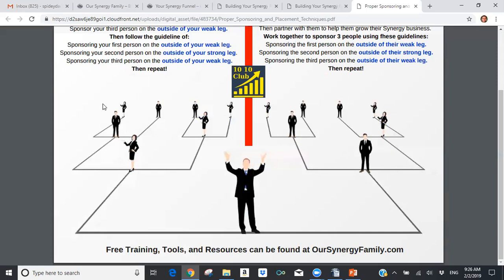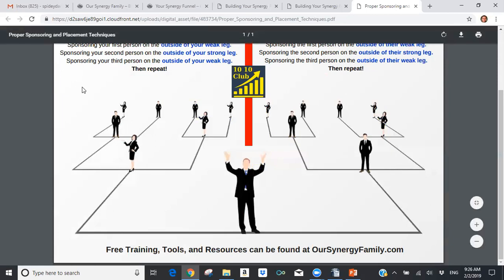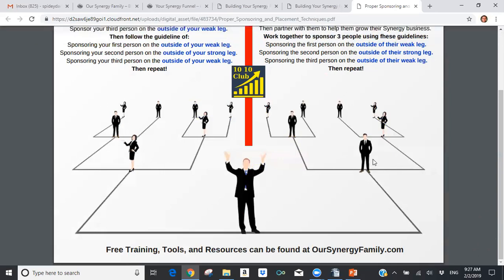And you can do that, but if I could sponsor 100 people on my left-hand side and have no one on my right-hand side, I could have 10,000 CV of volume on my left-hand side and 0 on my right-hand side. And guess what? I'm going to get paid 0 basic commissions because I have no volume on my weak leg.